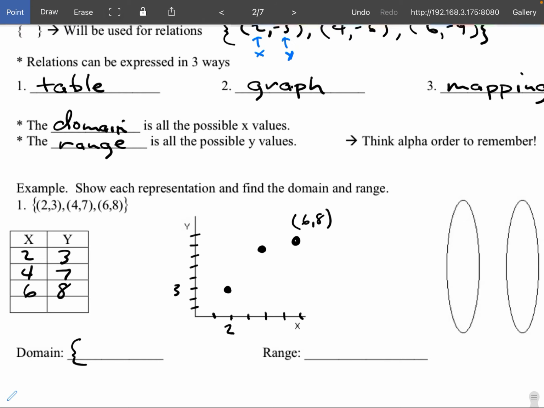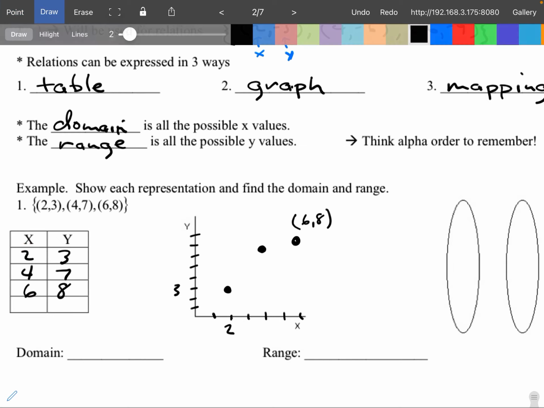Before I do the last one, let's write down the domain and the range. The domain is the set of all the x values. We can just look right here and see what the x values were. Now, you don't have to put them in numerical order, but usually you do.